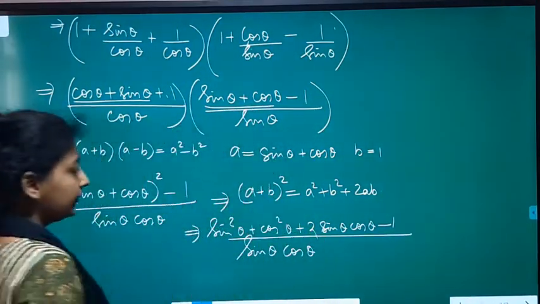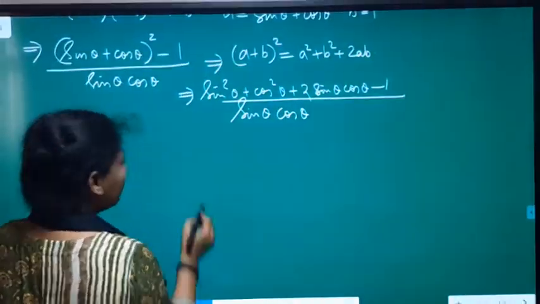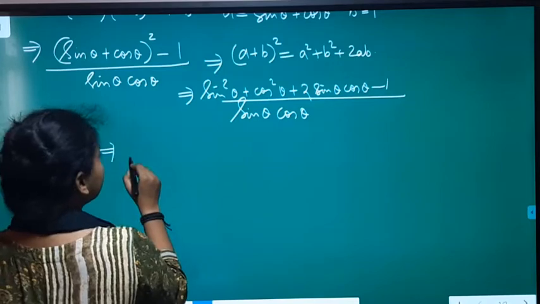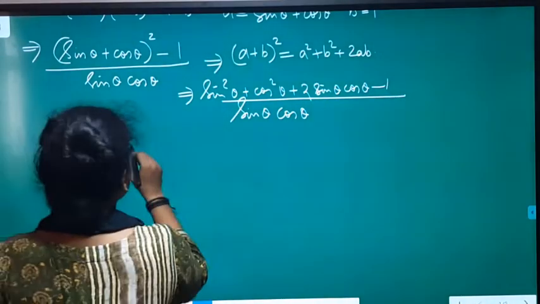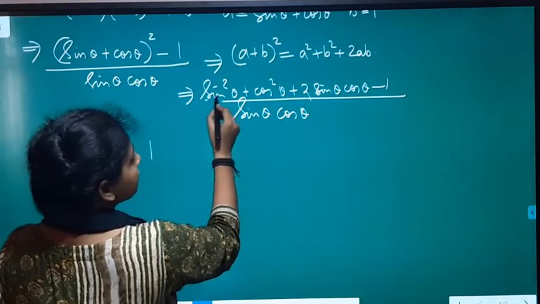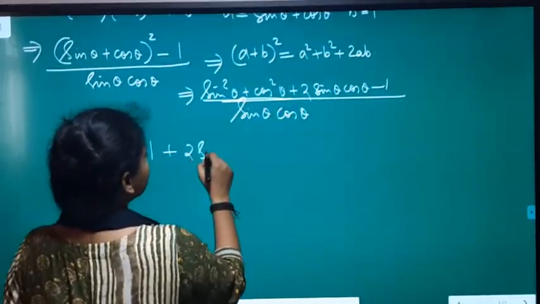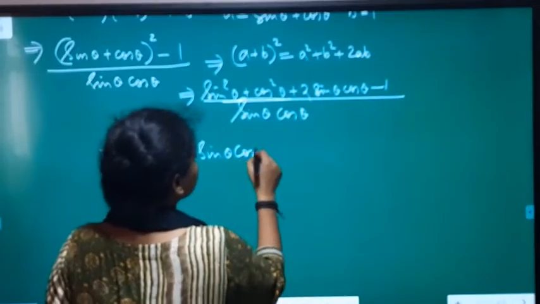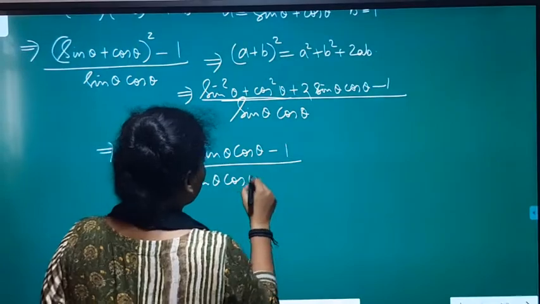Using identity 1, sin square theta plus cos square theta is 1. So in place of sin square theta and cos square theta I am writing 1, plus 2 sin theta cos theta minus 1 upon sin theta cos theta.